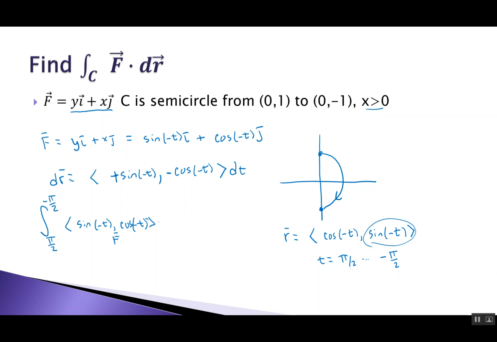There's my f, dotted with my dr, dt. And let's multiply this through and see what we get. I'll have a sine squared of minus t, and then I'll have a minus cosine squared of minus t dt from pi over 2 to negative pi over 2.